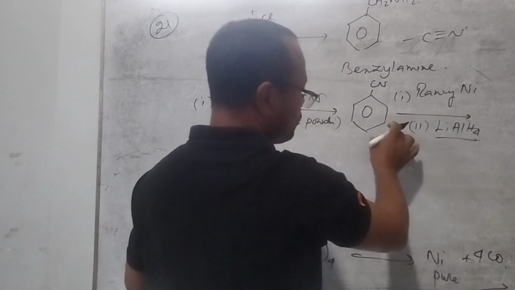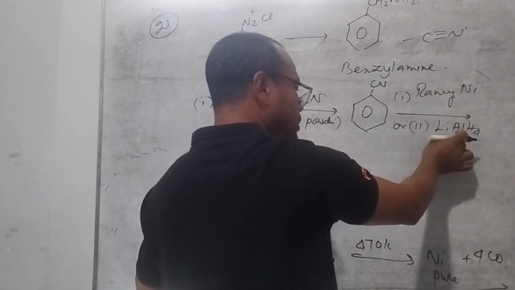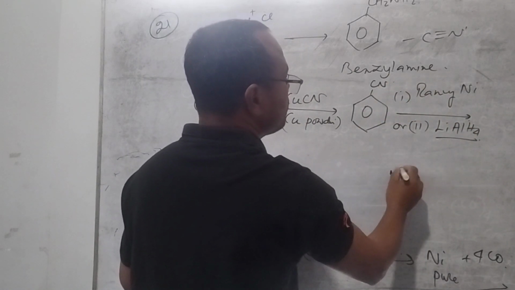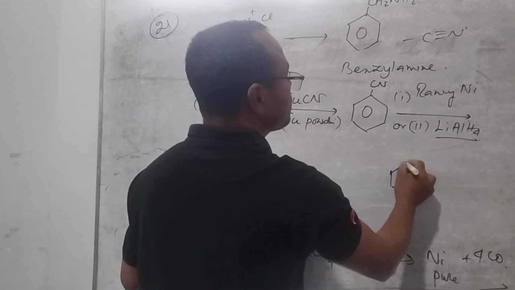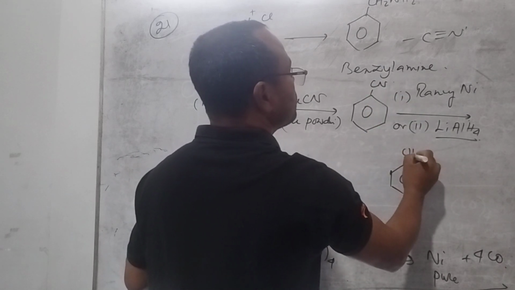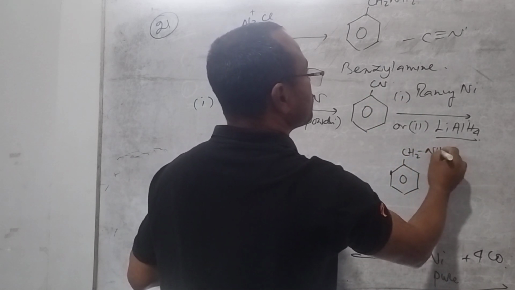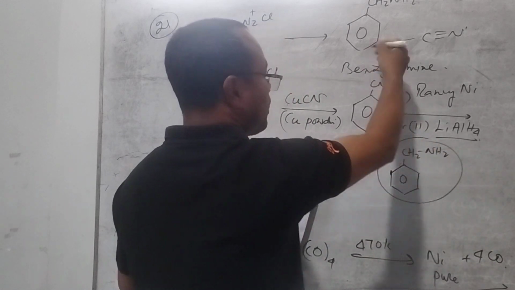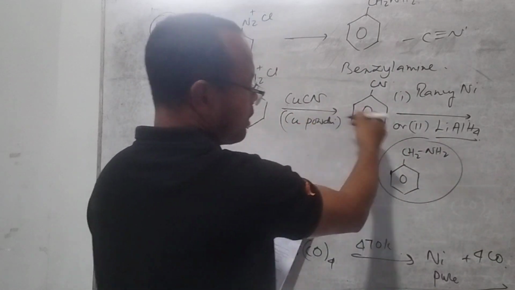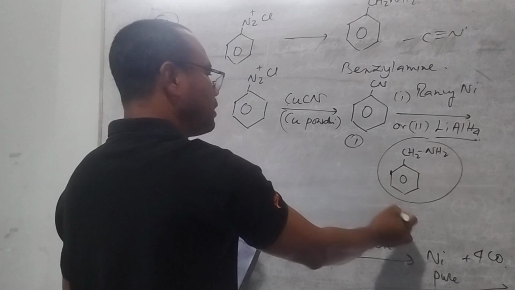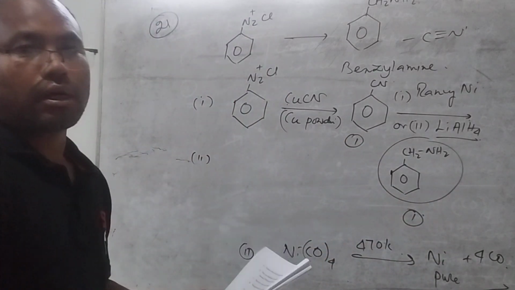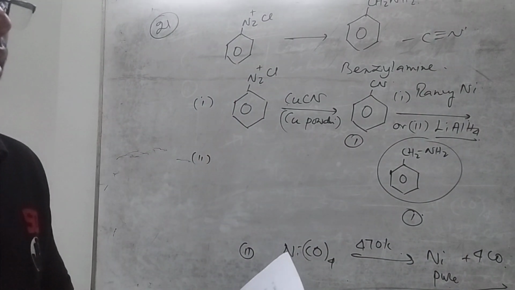Either this one or this one you can write. Then after that we get the compound C6H5CH2NH2, this is the benzyl amine. So you write these steps, 1 mark for this and 1 mark for this one. This is the answer to that question.